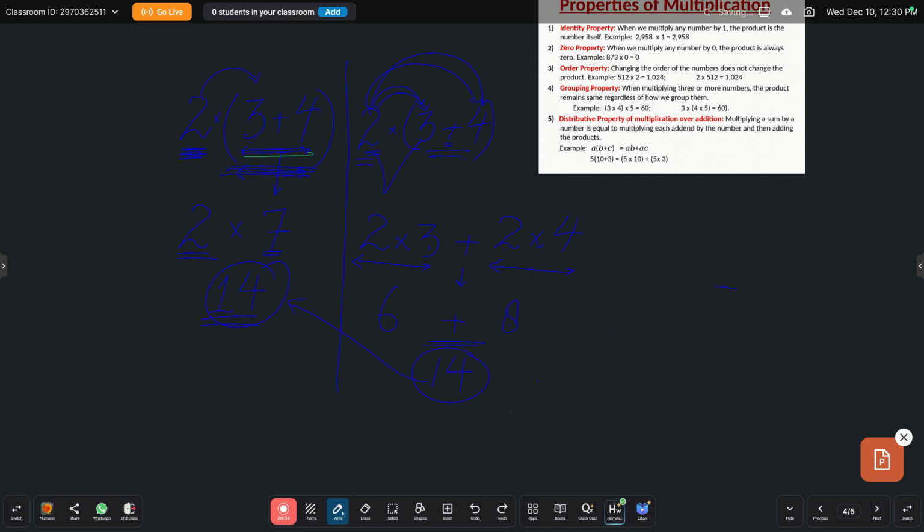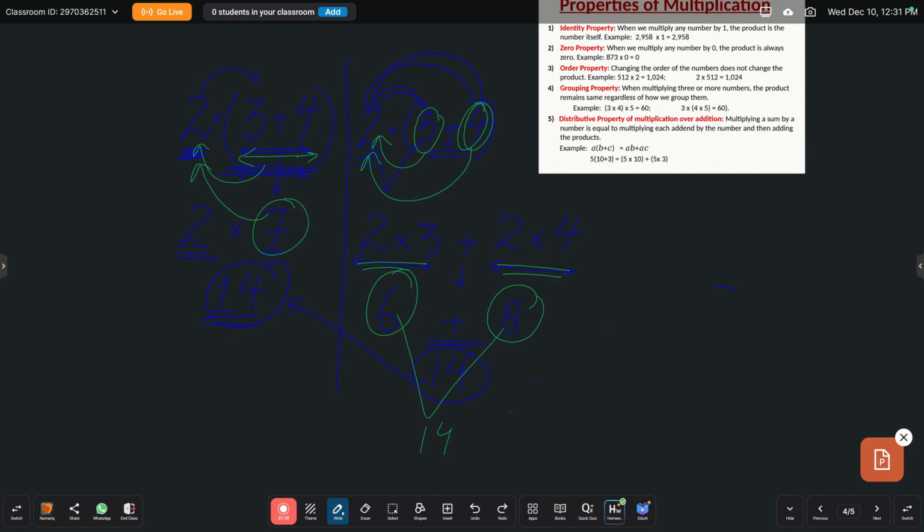Multiplying the sum by a number is equal to multiplying each addend by the number and then adding their products. So the distributive property of multiplication over addition means multiplying a sum by a number is always equal to multiplying each addend by the number and then adding the products.